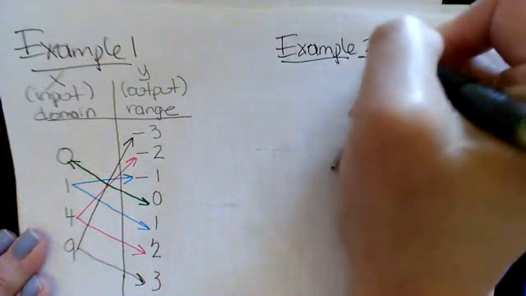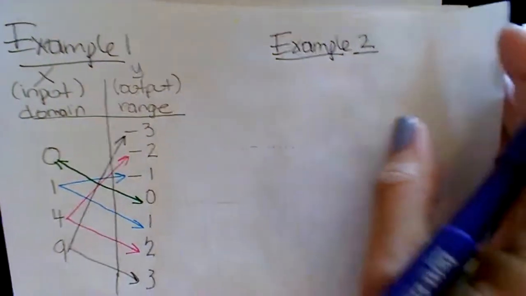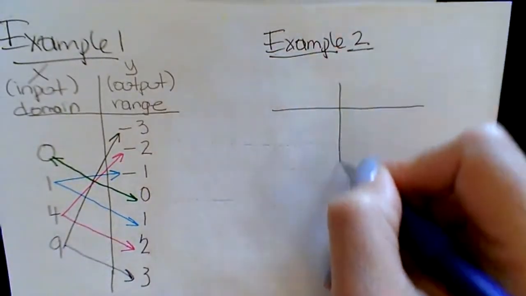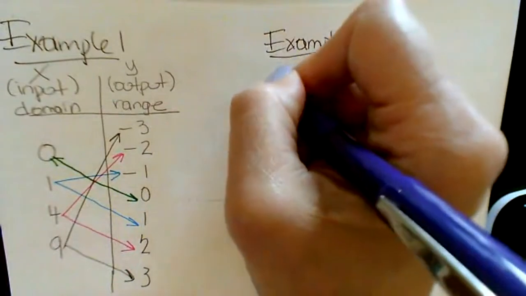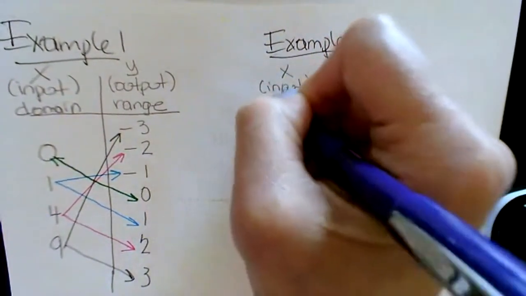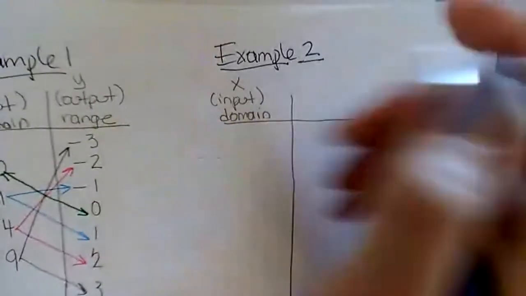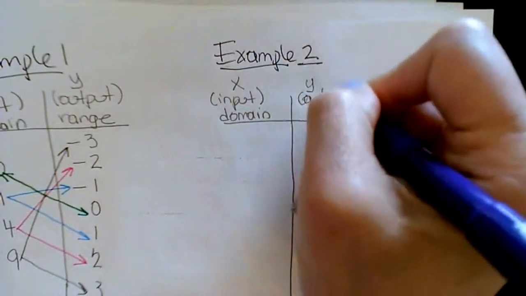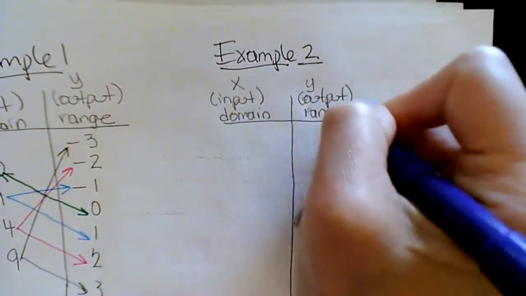Example 2. X is the input, the domain, and Y is the output, the range.